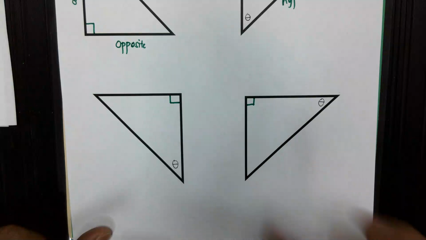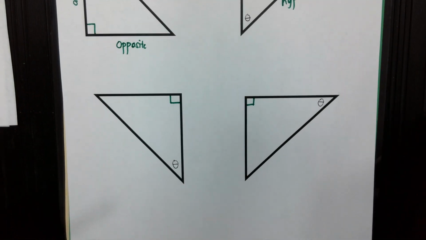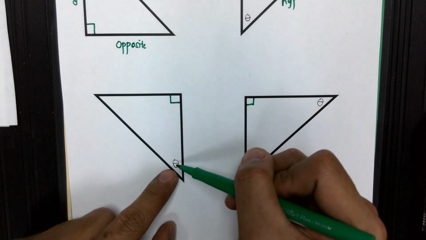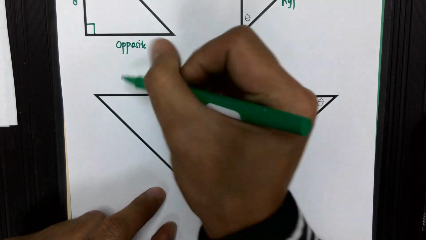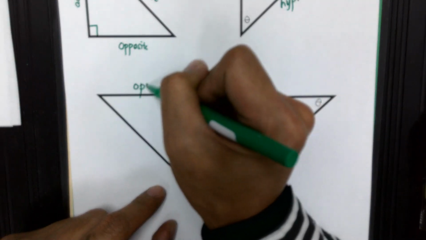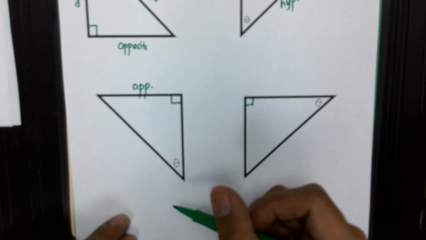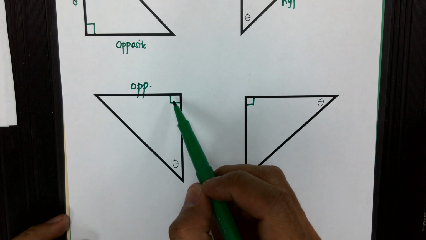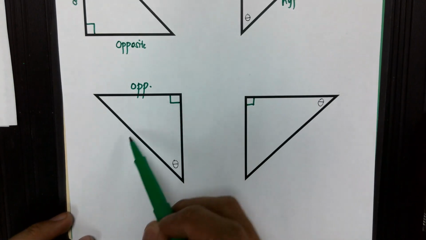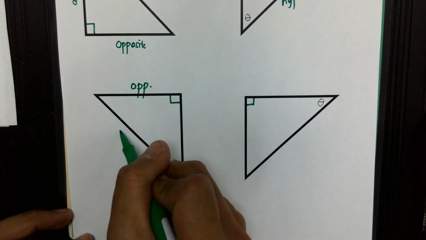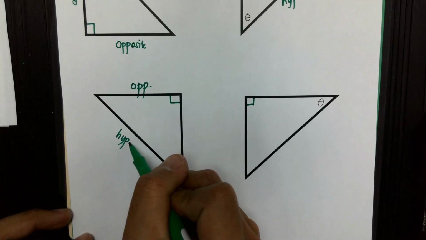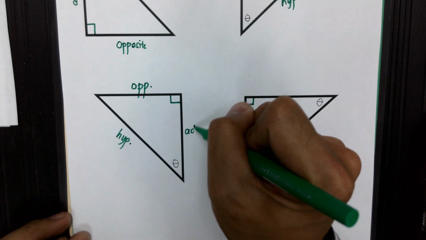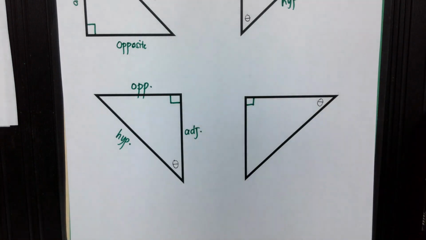So for this example, we recognize that this side is right across this symbol, so we say this one is our opposite side. And then this symbol indicates that the side right across it would be our hypotenuse. And hence this would be our adjacent side.